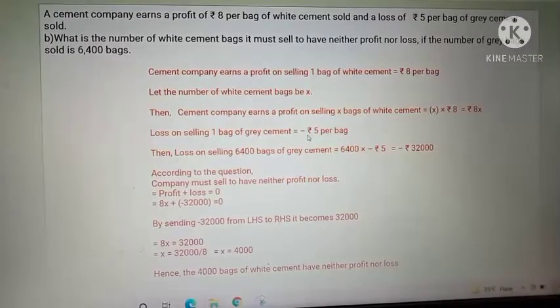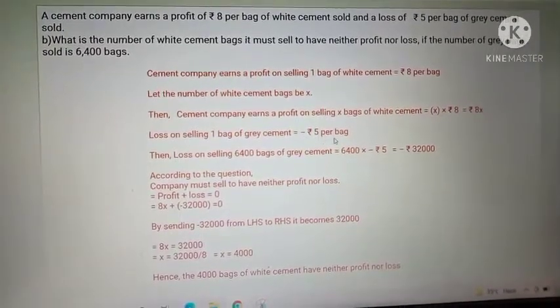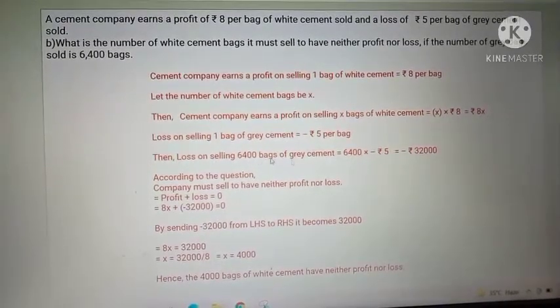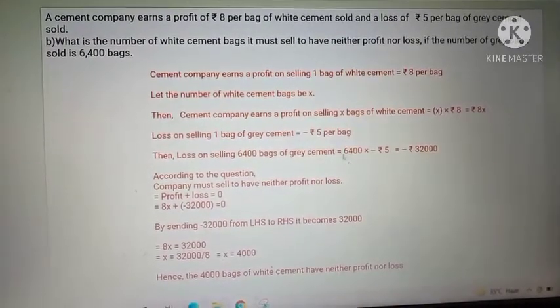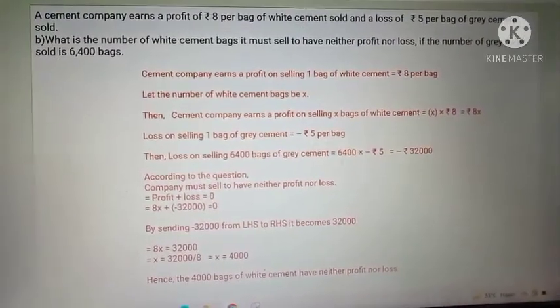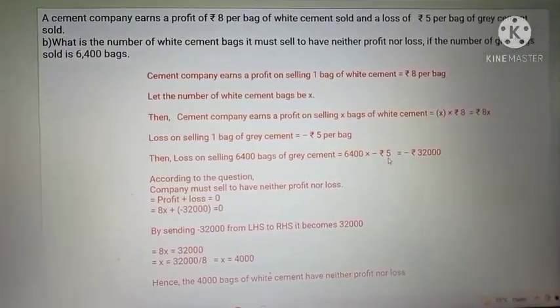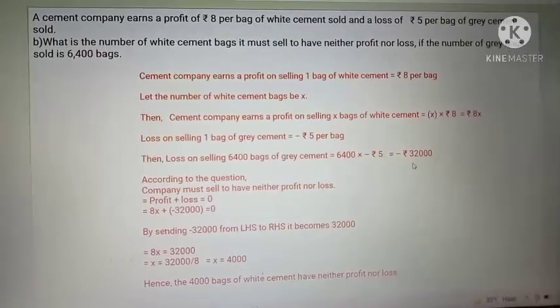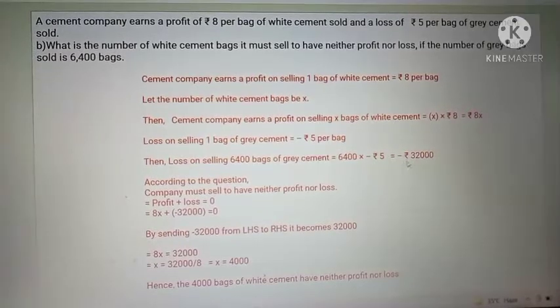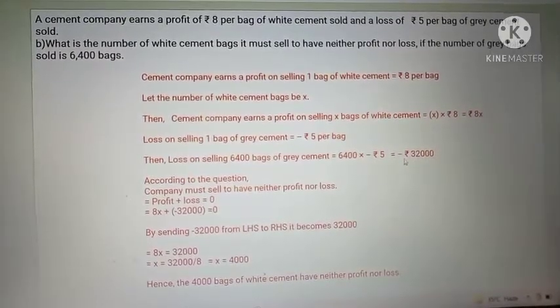Then the loss on selling 6400 bags of grey cement is 6400 into minus rupees 5. 6400 into 5 is 32,000, and it is positive into negative. So with the answer, what sign will come?